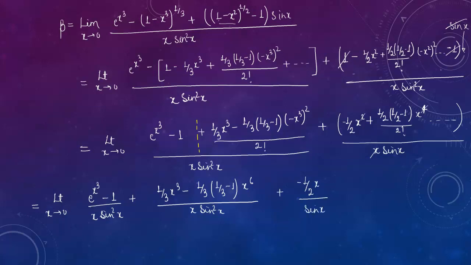I am going to separate this sine x. Again, 1 upon 2 into 1 upon 2 minus 1 into x cube upon sine x and so on.